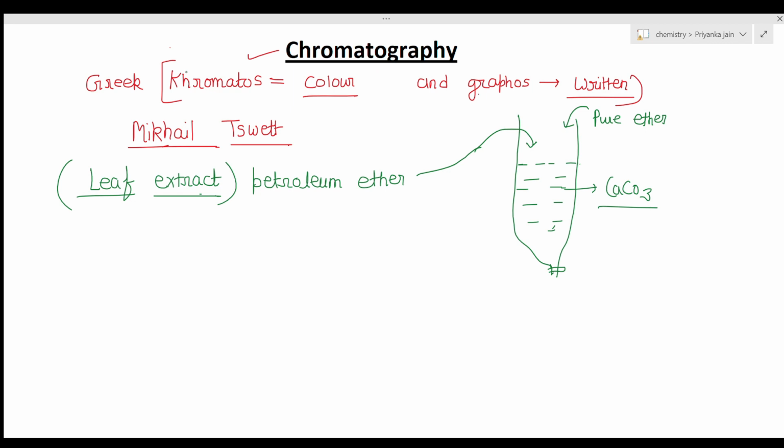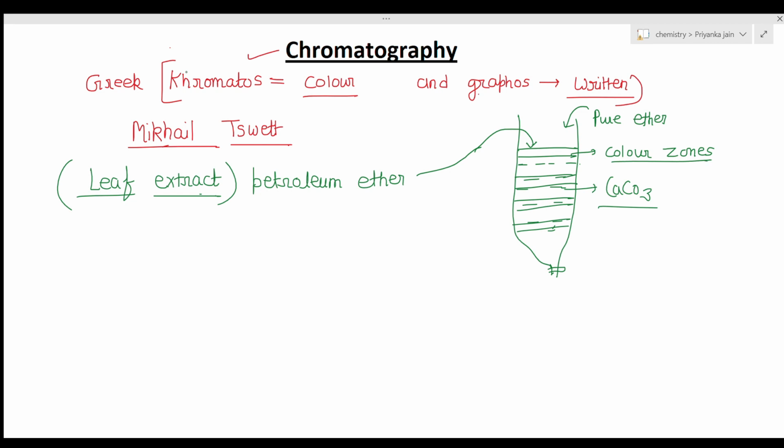As a result, the various chlorophyll pigments get separated out in different color zones. We get different color zones like this, and these chlorophyll fragments get separated like this. In this way, the chlorophyll pigments get separated in different color zones.